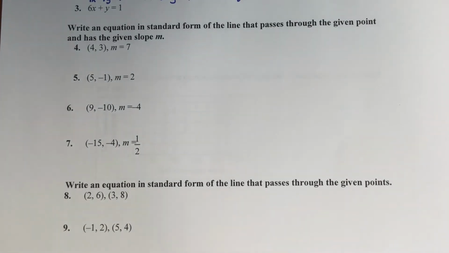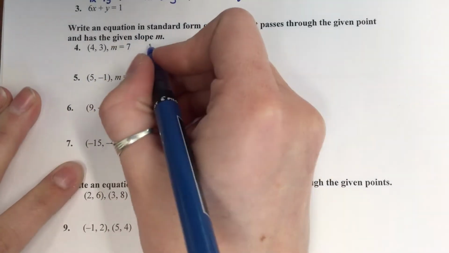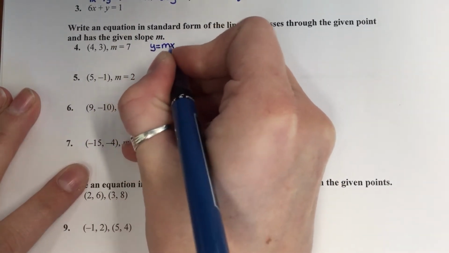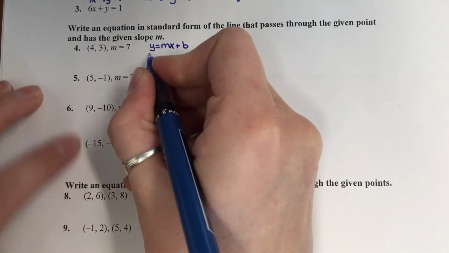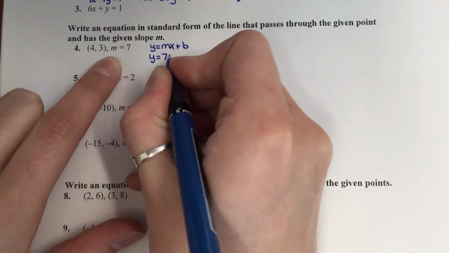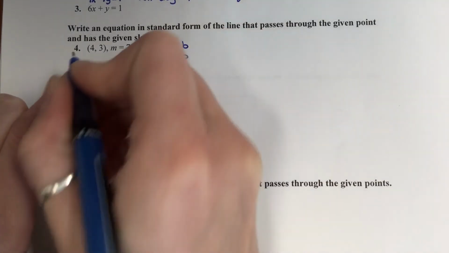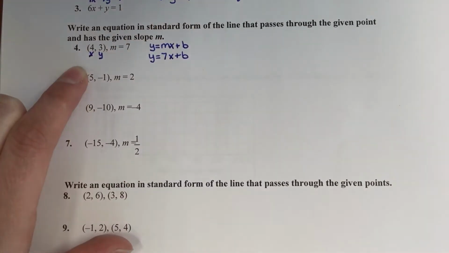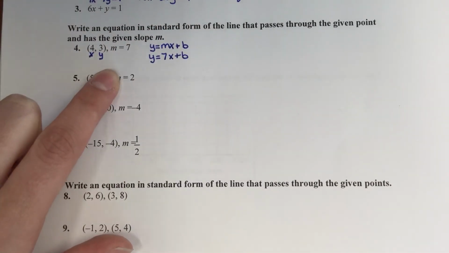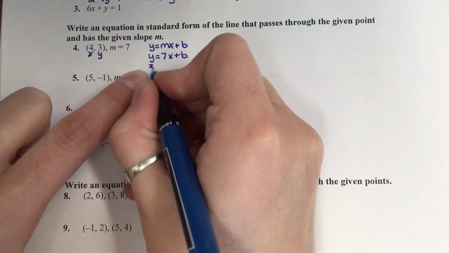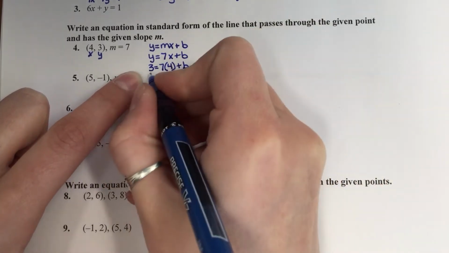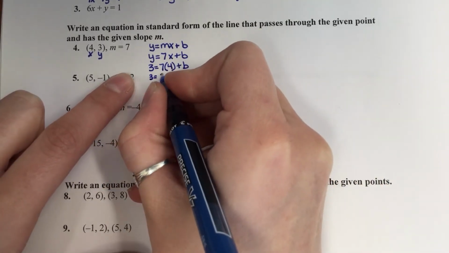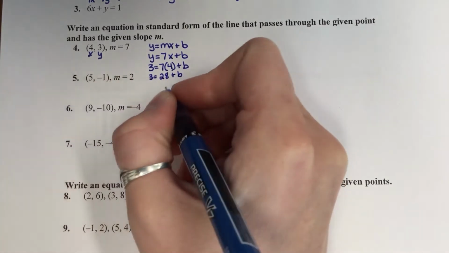Write a standard form of the line that passes through the given point and has the given slope m. I'm going to start with what we know: y equals mx plus b. We know m is the slope, so y equals 7x plus b. And we know x and y, so we plug x and y in. 3 equals 7 times 4 plus b. 3 equals 28 plus b.